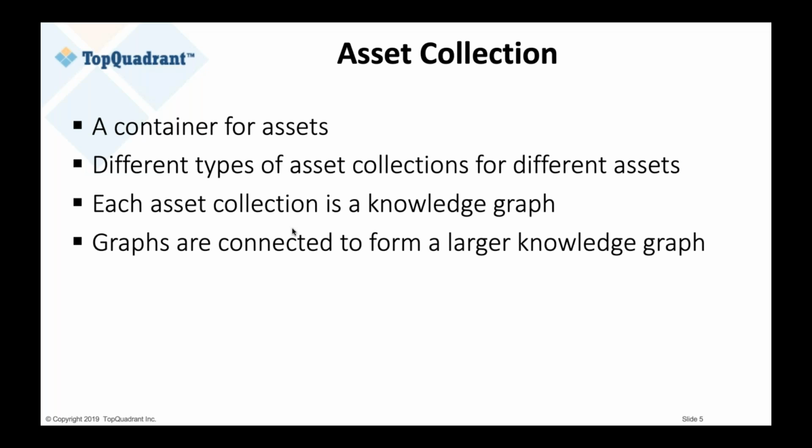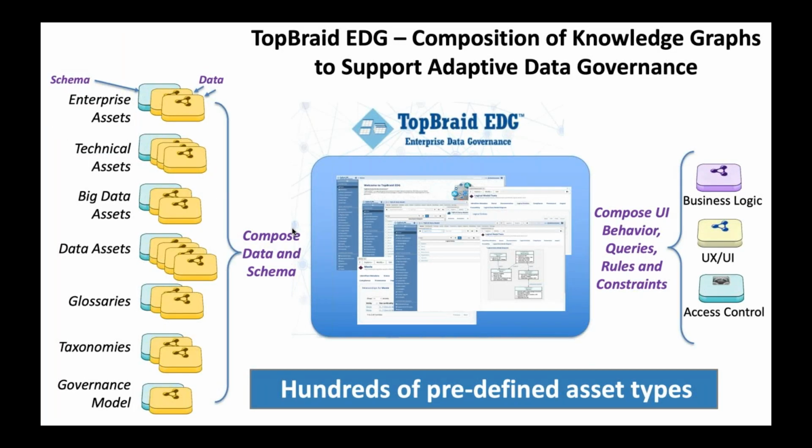So with this, individual knowledge graphs are connected to each other to form a larger enterprise knowledge graph managed by TopBraid EDG. You could think about TopBraid EDG as a composition of different knowledge graphs supporting adaptive data governance.